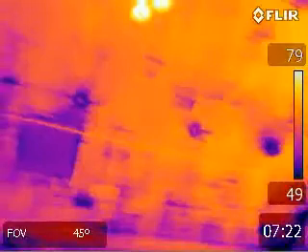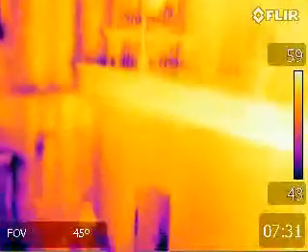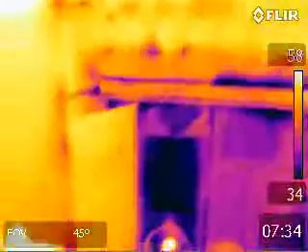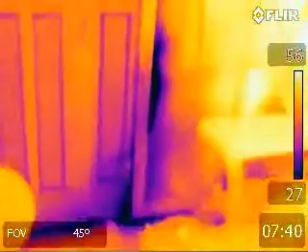This video is a very good example of poorly installed and missing insulation. Some air infiltration around the molding of the front door.